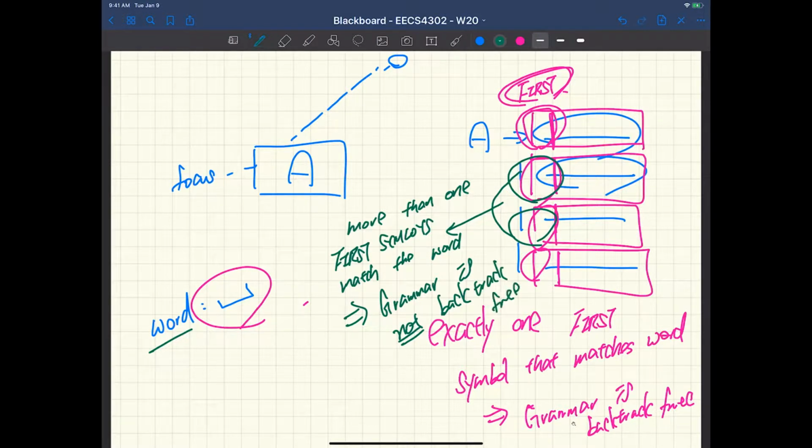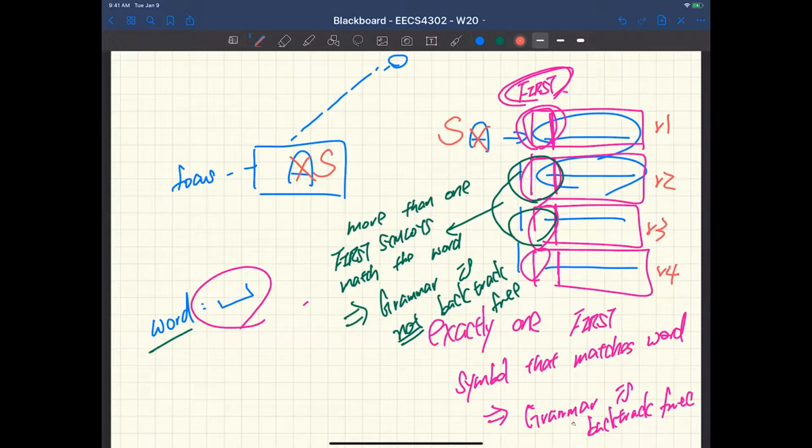Okay, I have another question for you. A specific case: let's say this is my start symbol, and my start symbol produces 4 rules, rule number 1, rule number 2, rule number 3, and rule number 4.